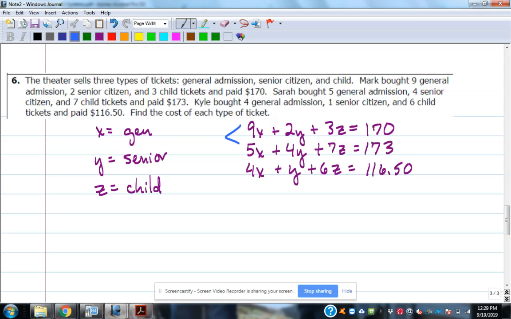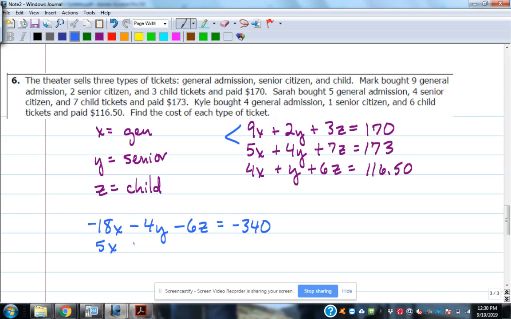Top one by -2. So when I do that, that's going to be negative 18x minus 4y minus 6z equals -2 times 170, which is -340. And then the second one doesn't need to change.